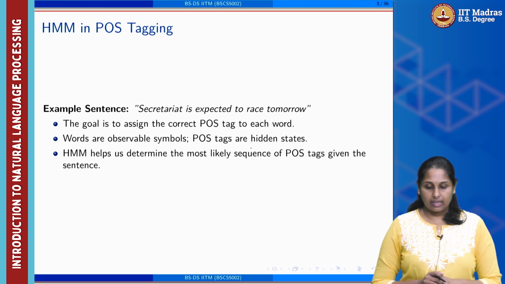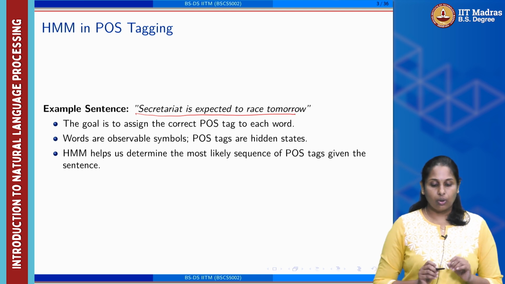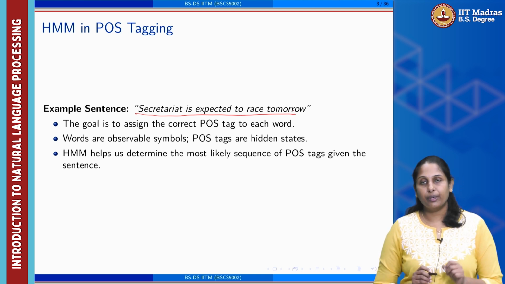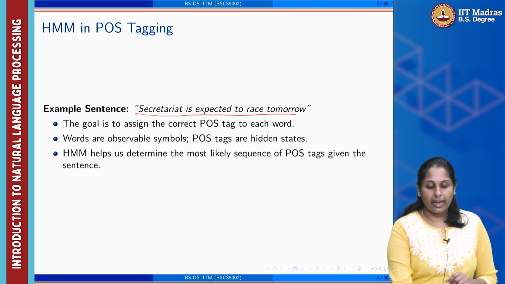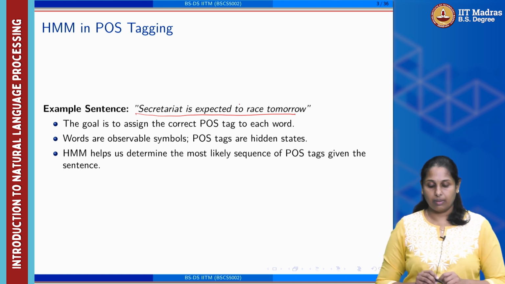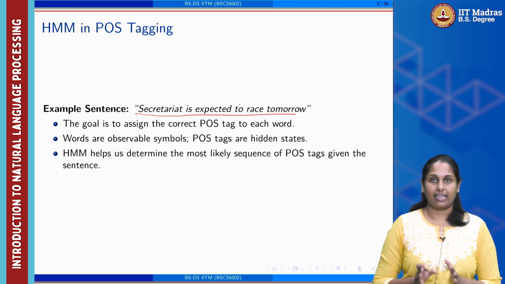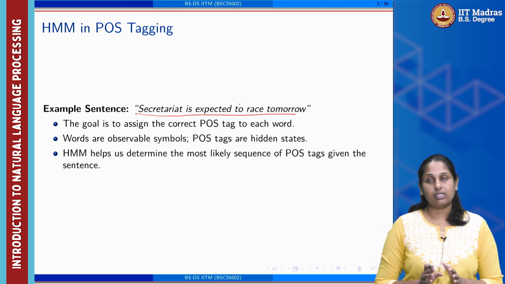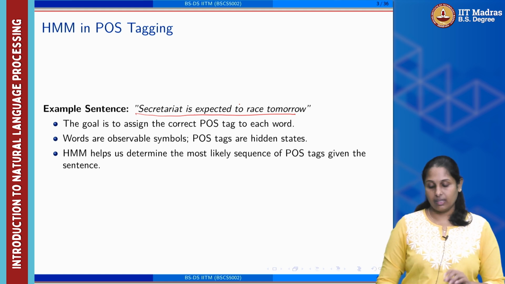Let's again take the sentence: Secretariat is expected to raise tomorrow. The goal is to assign the correct POS tag to each word. Here all the words are observed symbols, and POS tags are hidden states. HMM helps us determine the most likely sequence of POS tags given the sentence.